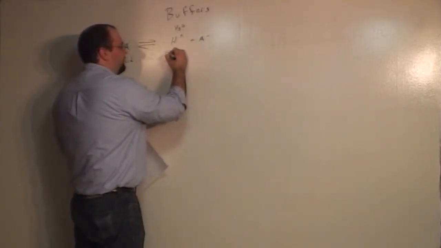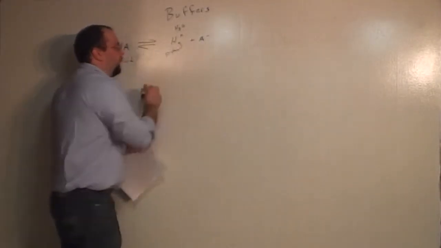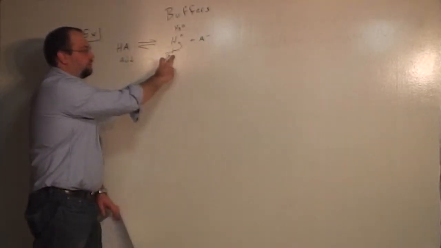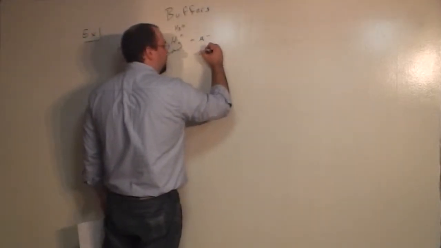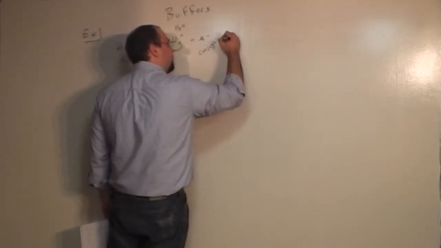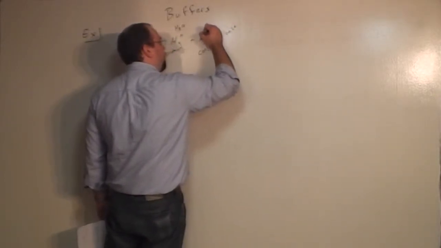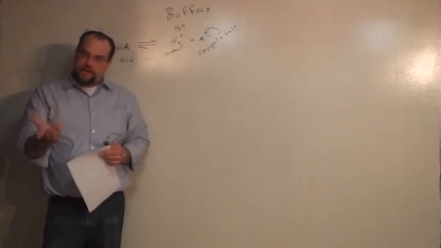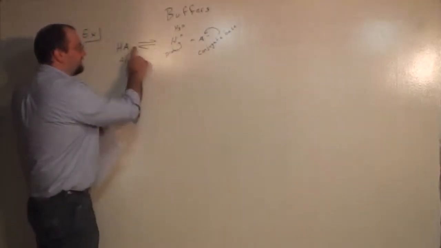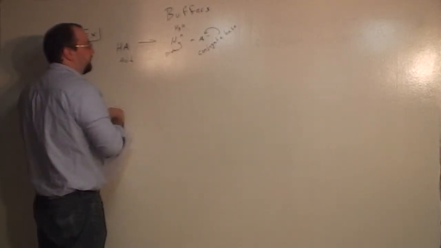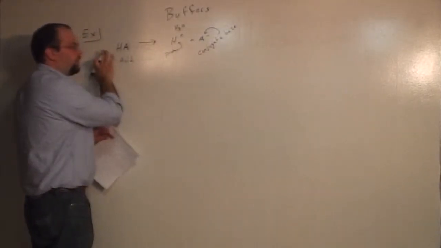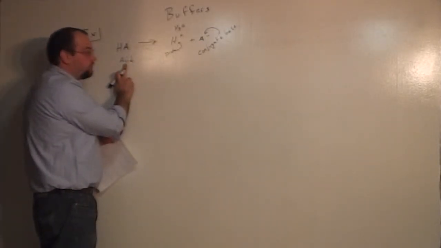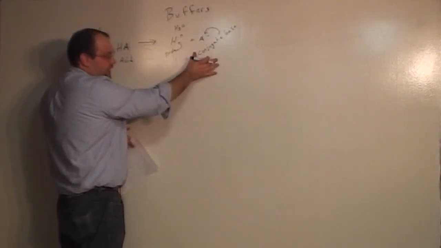This is the proton. And this is a Bronsted-Lowry acid. It's a proton donor. It donates this proton. And then this right here is called the conjugate base. It's the leftover part of the acid. Now it's called the conjugate base because let's pretend this isn't in equilibrium. If I have it going this way, I have a proton donor, which is an acid, and it donates the proton and the other half.